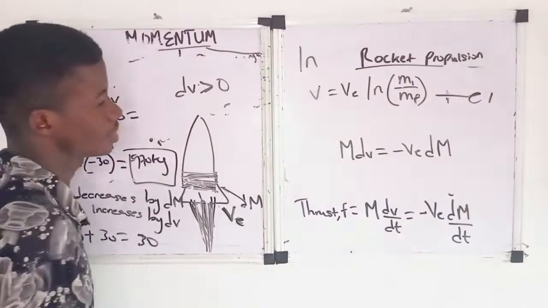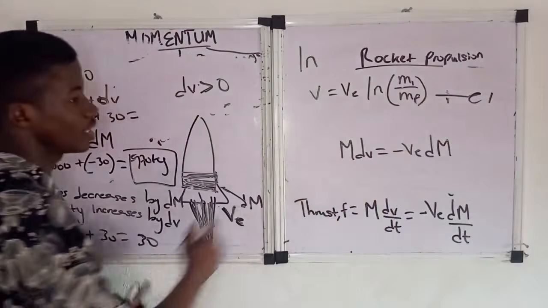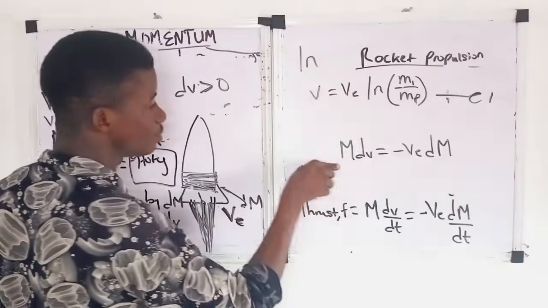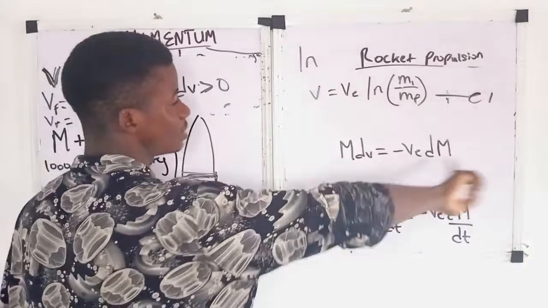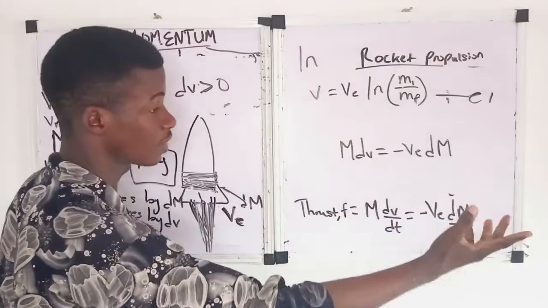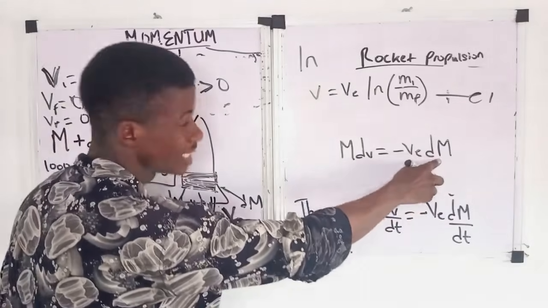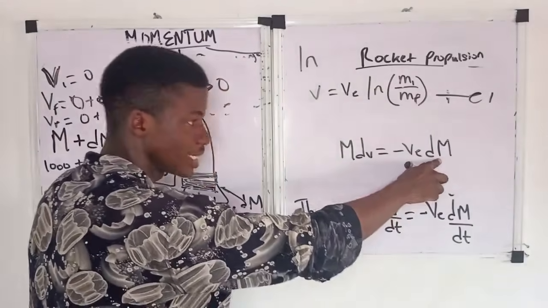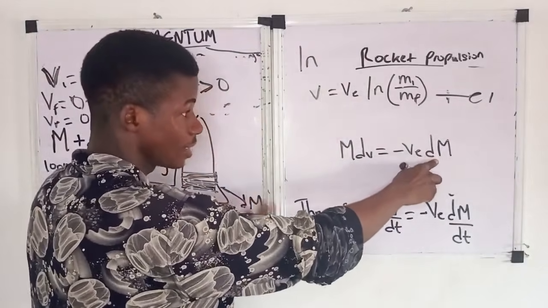So yes, this is also conservation of momentum, okay? This part is the momentum gained by the rocket, while this one is momentum carried by the burnt fuel. So this is the velocity with which the fuel is burned, while this is the mass of the fuel that is being burned.